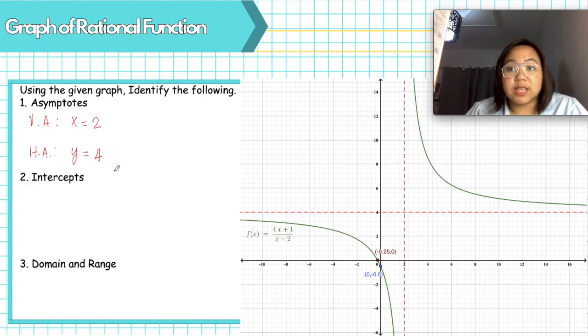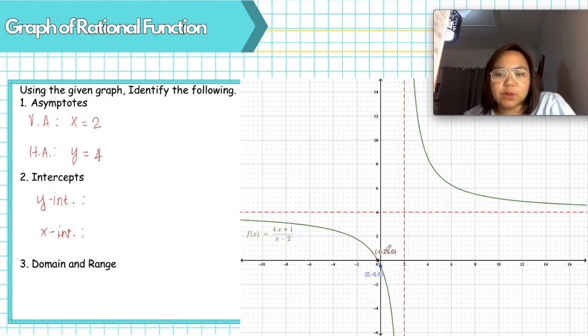Next will be the intercepts. So again, when you say intercepts, this is the point on the graph that touches the y-axis. That will be the y-intercept. And then a point that touches the x-axis, that will be the x-intercept. So first let's have the y-intercept.